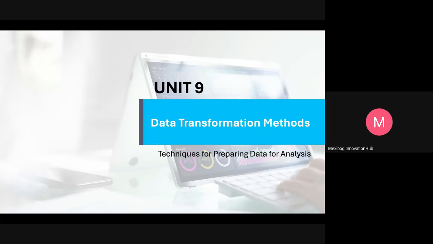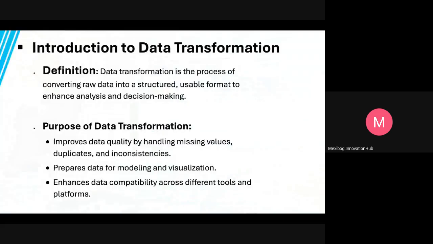finds its way there. So, data transformation methods, that's unit 9, techniques for preparing data for analysis. Introduction to data transformation. Definition. What is data transformation? Data transformation is the process of converting raw data into a structured, usable format to enhance analysis and decision making.